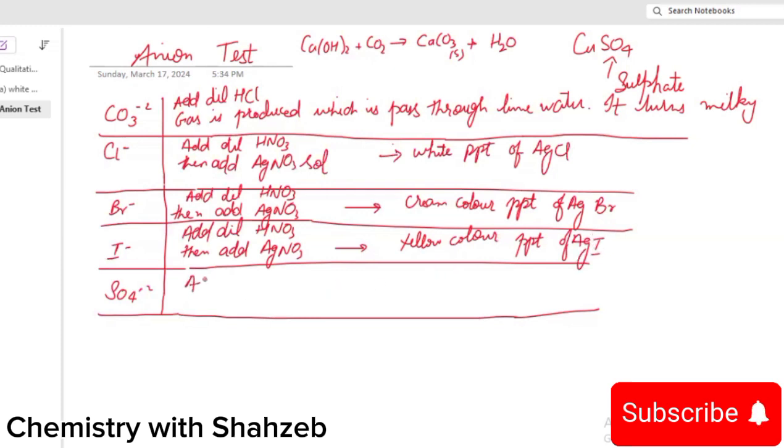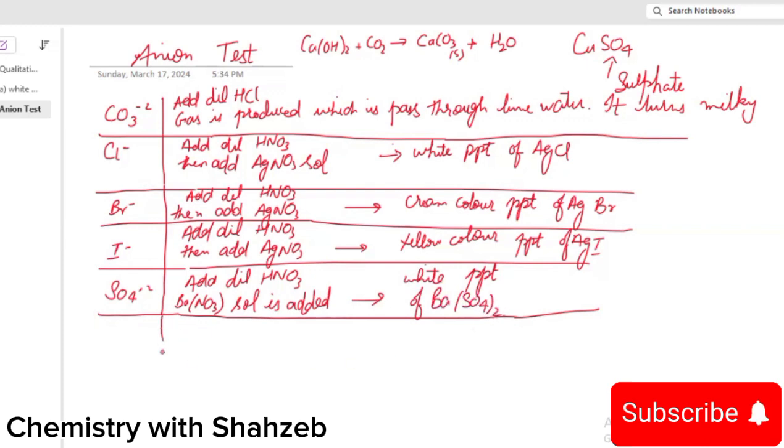For sulfate, add dilute nitric acid, but here we will be adding barium nitrate solution. So what happens when barium nitrate solution is added? White precipitates of barium sulfate would be formed.